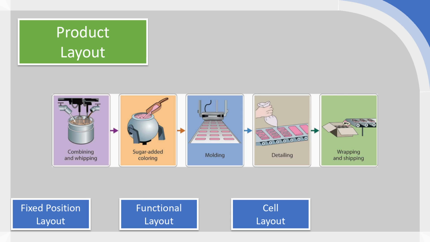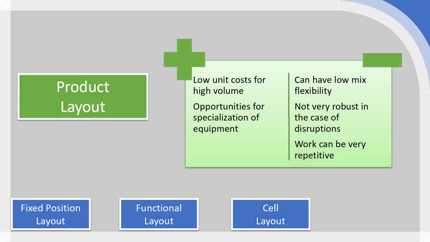So very high volume can be achieved. So it's almost certainly what's being used for any item, of whatever industry or sector, that's being produced in sufficiently high volume. It is almost certainly using a product layout. So the benefits are fairly clear.